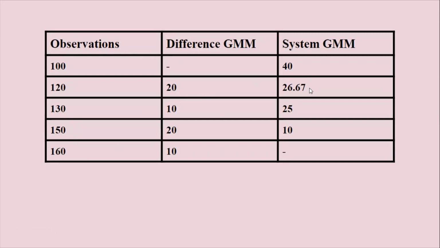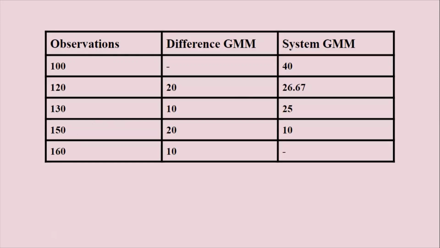For the third observation, again you have to follow the same procedure: subtract 130 from the average of 150 and 160. And lastly, for the next observation, it would be simple: subtract 150 from 160, because there is only one observation left. And as I said before, only the value for the last observation is not calculated because there are no future observations available.